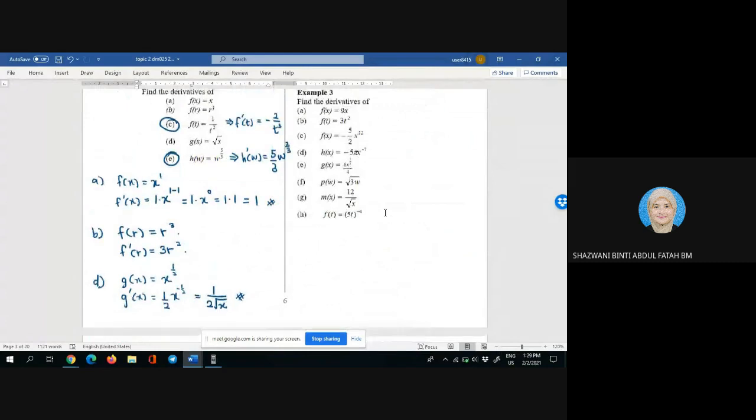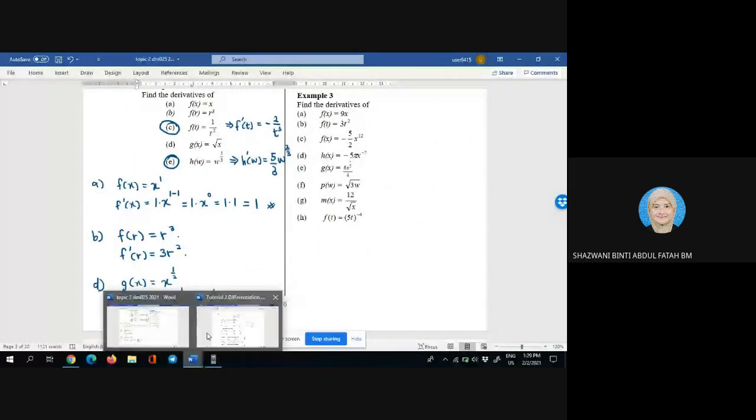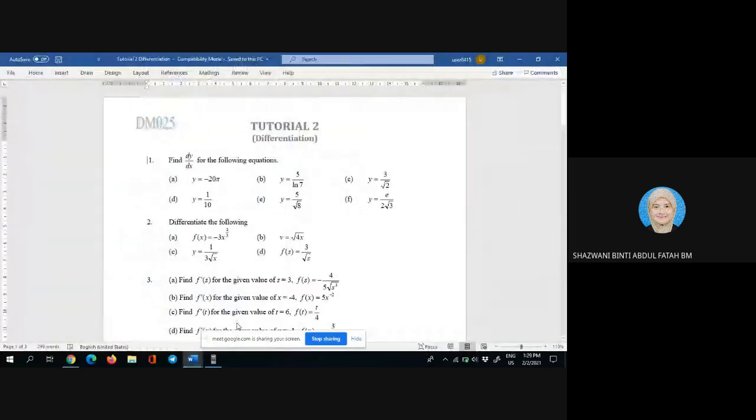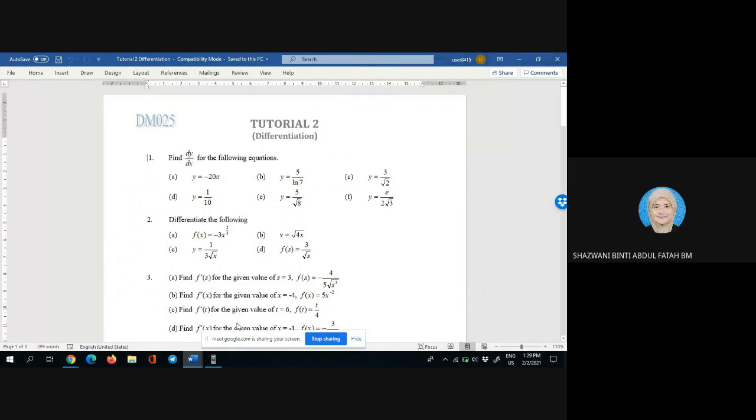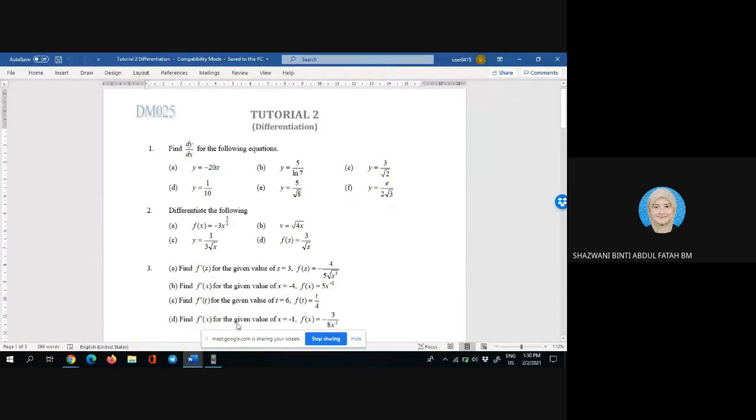Okay. So, also cikgu nak tunjukkan dalam GC kan cikgu dah sediakan tutorial. Nampak tak soalan tutorial ni? Nampak. Okay. So, cikgu tak nak kita ketinggalan. Okay. You just proceed sahaja after you go through the notes. Okay. Dah belajar terus buat tutorial.